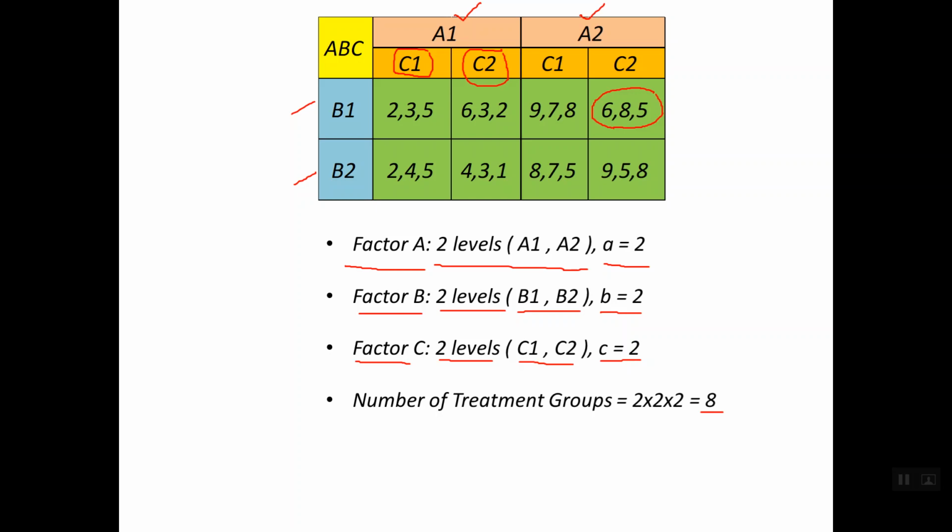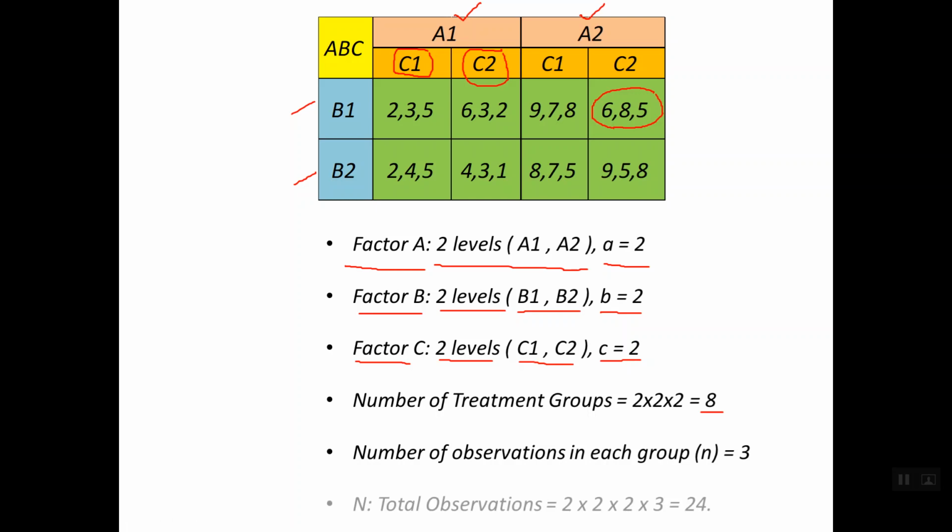And the number of observations is 3. Notice that all the 8 groups contain the same value of small n, or number of observations, which is equal to 3. So the number of observations in each group, small n, is equal to 3.